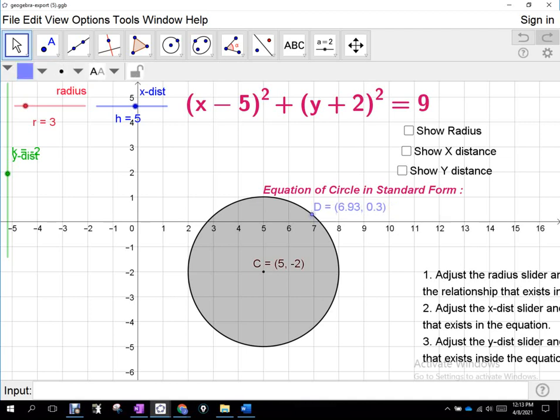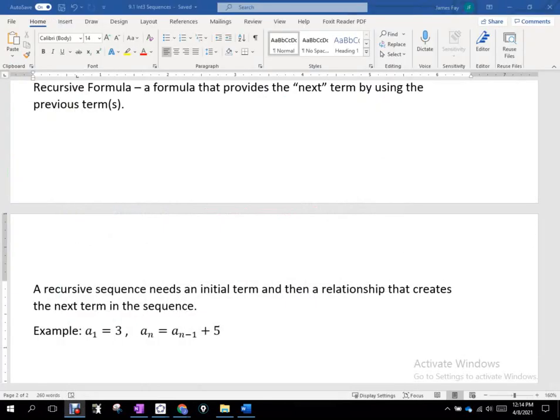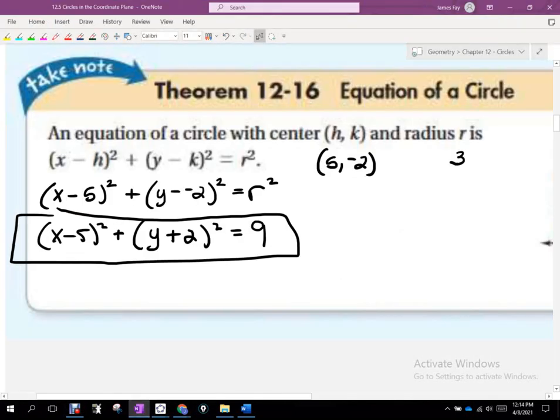So these points are the points that satisfy this equation. Does that make sense? H and K is always the center, yes. And the formula is always X minus H and Y minus K. There's always subtraction there.